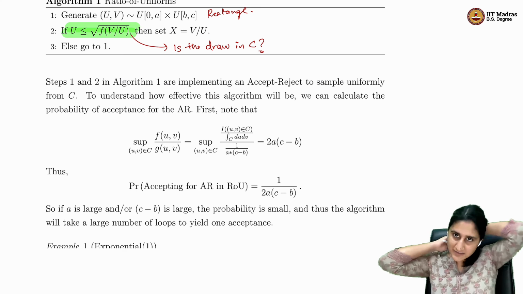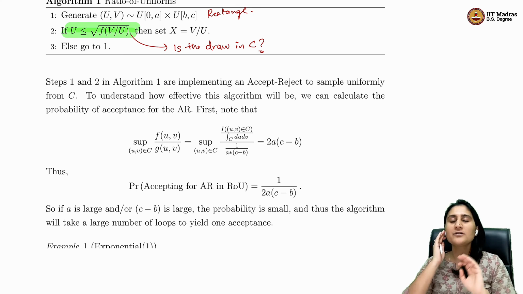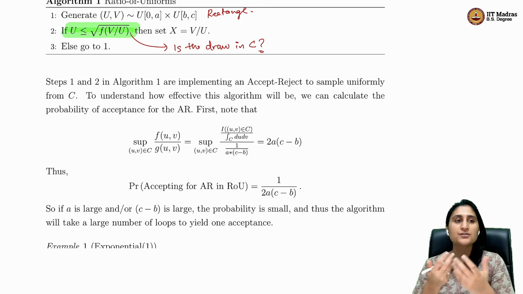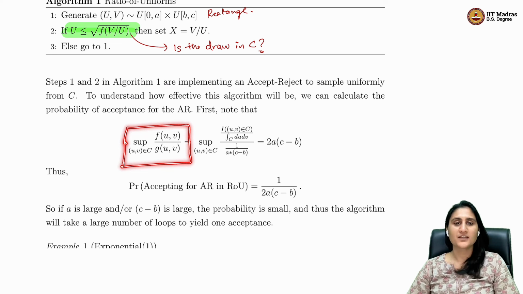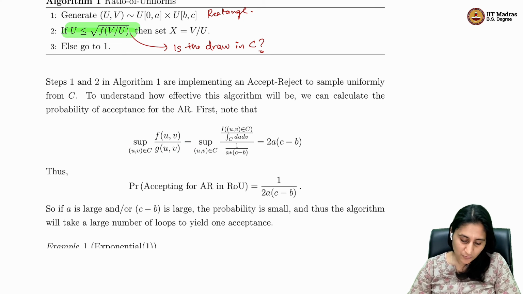Now the question is, in an accept reject algorithm, we have an understanding of the efficiency of the algorithm via the upper bound constant C, which is a different C from the region C. It is the constant sup of f by g, f of U, V by g of U, V, where g is the proposal.